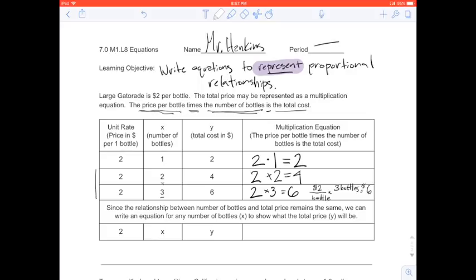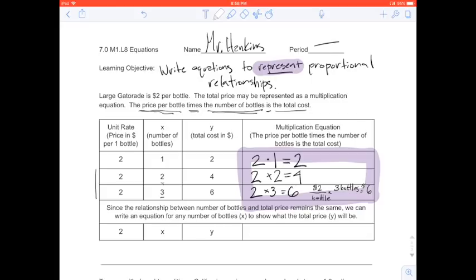We can imagine that rather than writing out a different multiplication equation like this, each time we want to represent a different number of bottles and the total cost that it'll be, it becomes more efficient to just use a general number, a variable. So we won't know, maybe even going into the store, how many bottles you're going to buy. It might depend on how much money you have in your pocket.